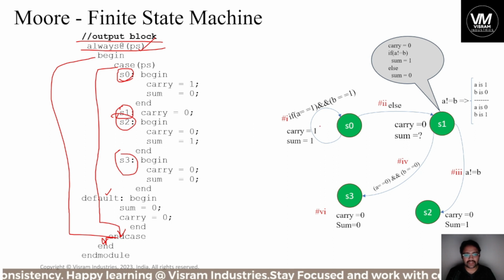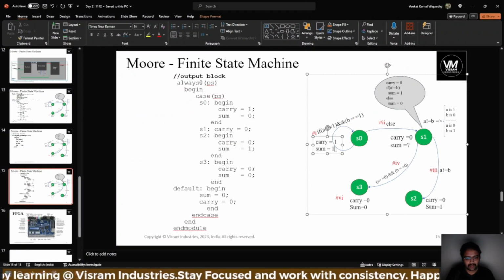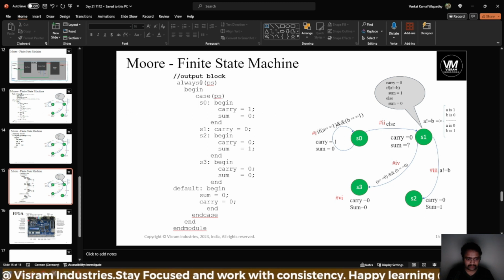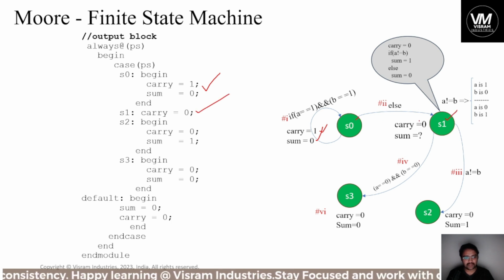So S0 output is carry is equal to 1 and sum is 0. So carry is equal to 1, sum is equal to 0, and for the S1, carry is equal to 0.